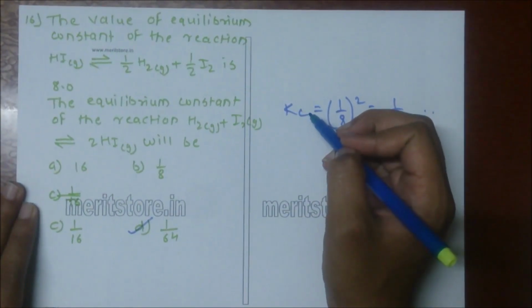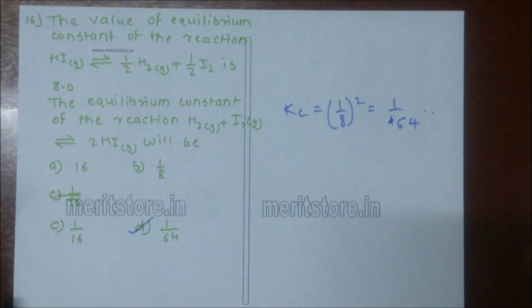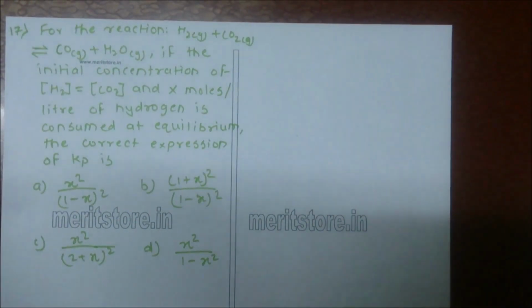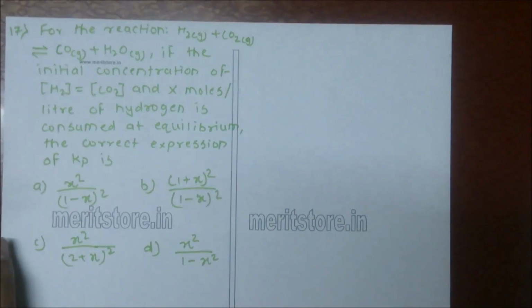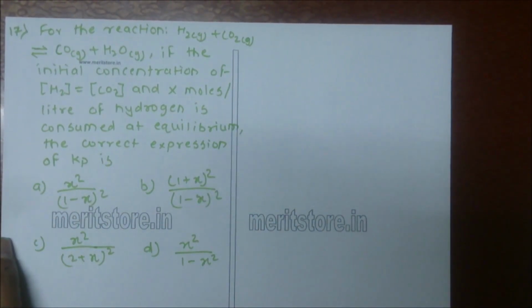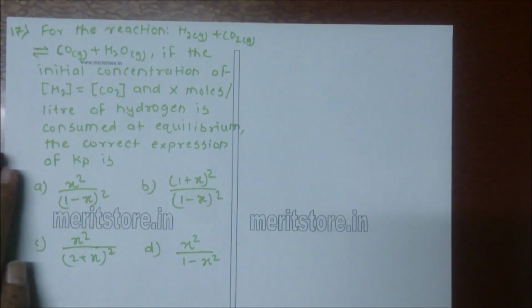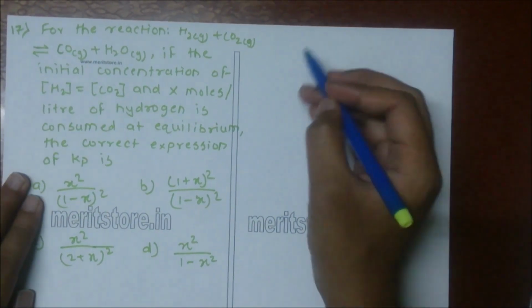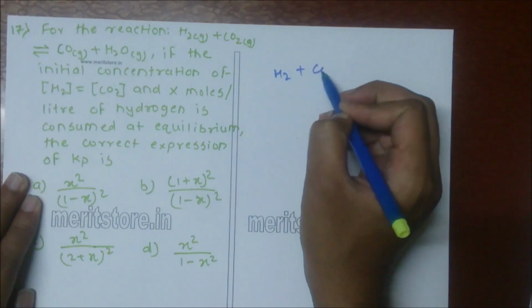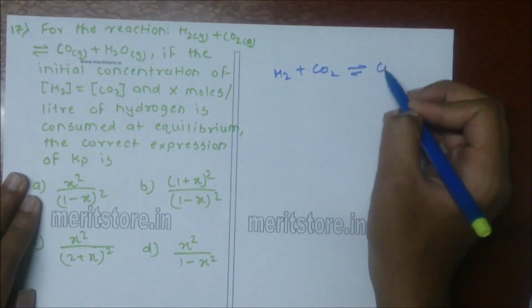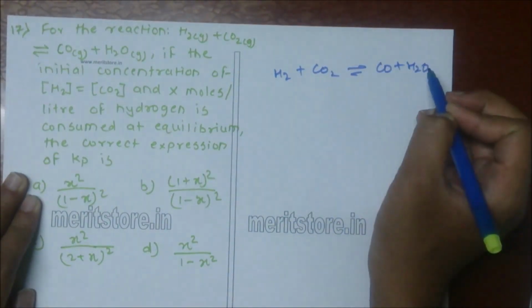We can write the Kc value from the given equation. For the reaction H2 plus CO2 reversible CO plus H2O, if the initial concentration of H2 is equal to that of carbon dioxide and x mol/liter of hydrogen is consumed at equilibrium, the correct expression for Kp is? So the reaction we can write as H2 plus carbon dioxide will give CO plus H2O.